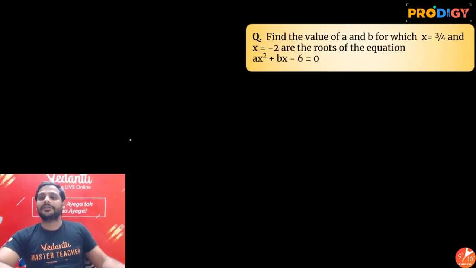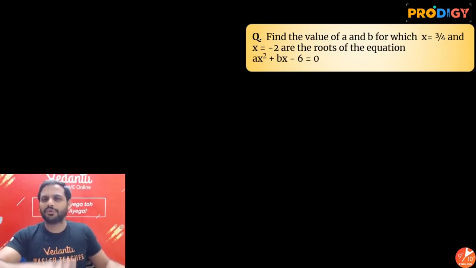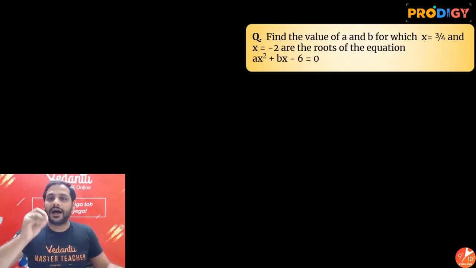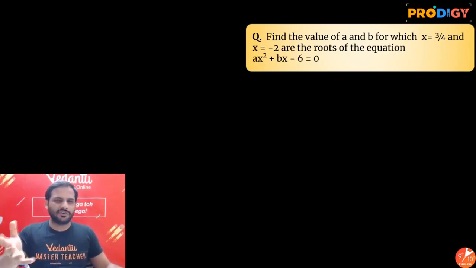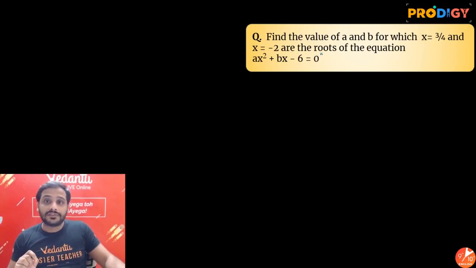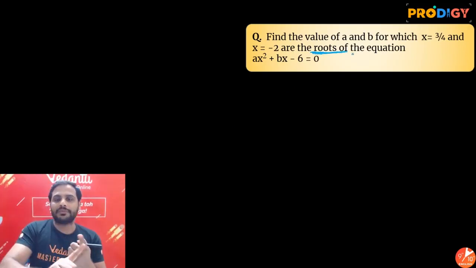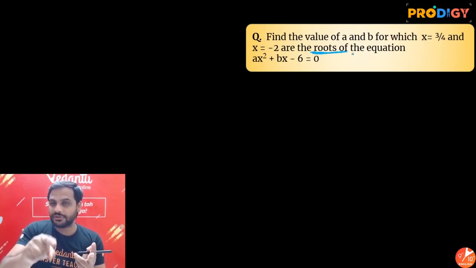Next one. Find the values of a and b for which x equal to 3 by 4 and x equal to minus 2 are the roots. Roots means solutions only. Now the major thing you have to focus on over here is this thing, roots. So if x equal to 3 by 4 and x equal to minus 2 are the solutions or the roots of this equation, they must satisfy this equation, right?